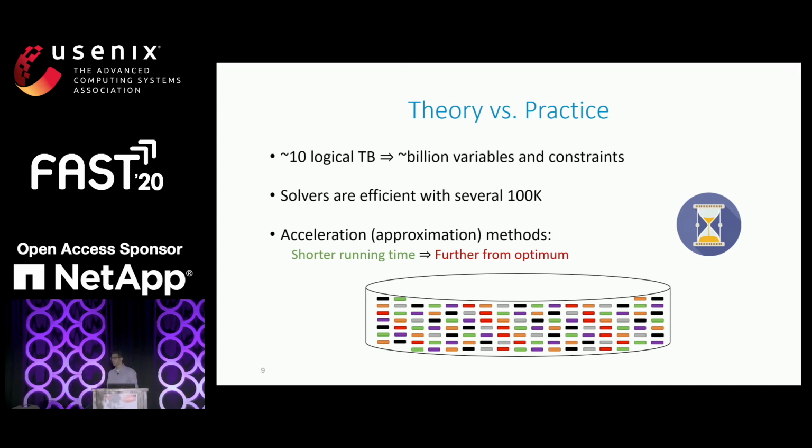Okay, so far we talked about theory only, and you know what the difference between theory and practice is. Well, in theory there's no such difference, but in practice we're dealing with huge systems, and the scale is very big. Just 10 logical terabytes of data can lead to billions of variables and constraints in our integer linear programming problem.